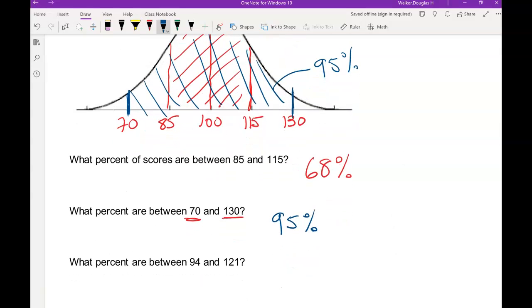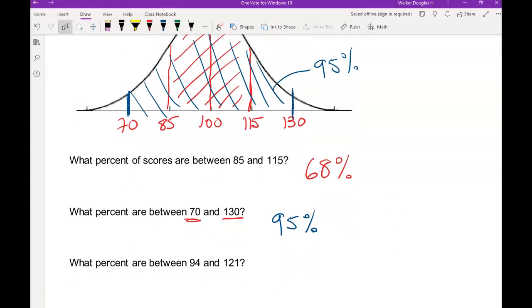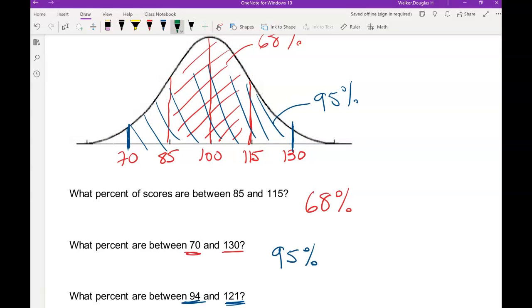Let's look at a third question. What if I want to know what percent are between an IQ of 94 and 121? All right, this causes some trouble because here is, scroll down a little bit, 94 in here somewhere. I'll kind of do a rough drawing here. All right, not going to be perfect, but there's about the 94, the 121, that's in here somewhere, right?